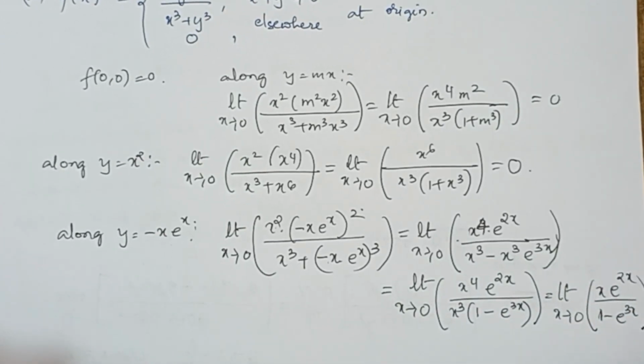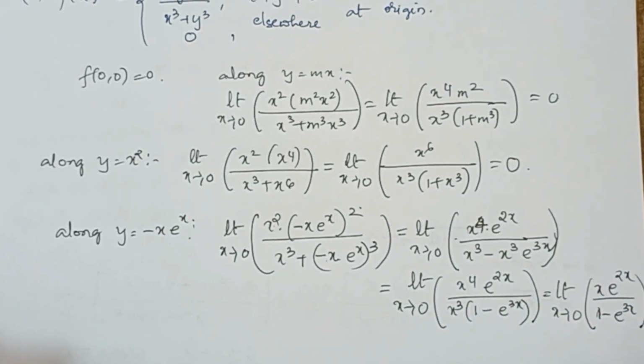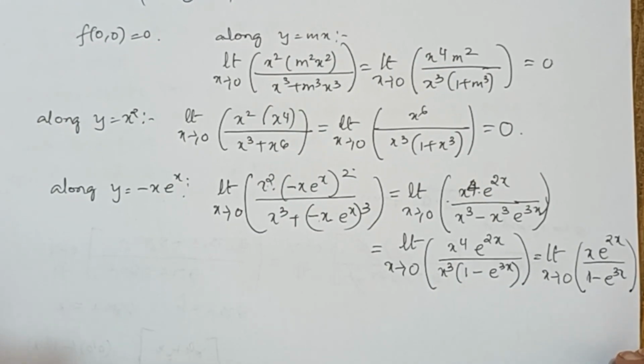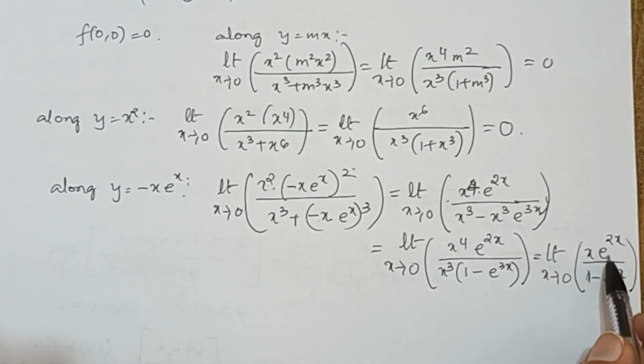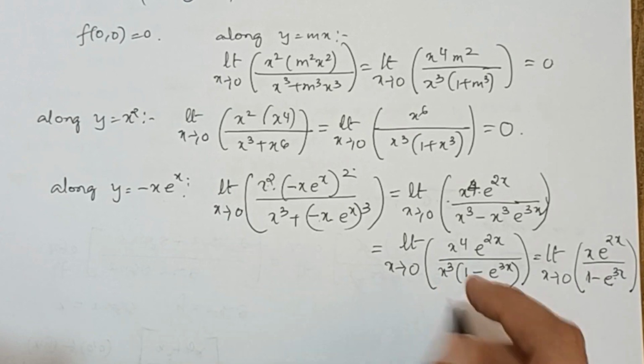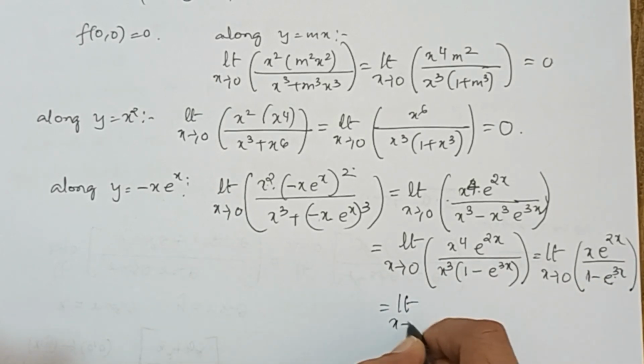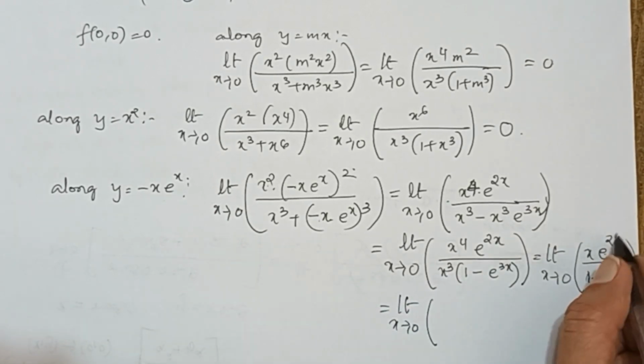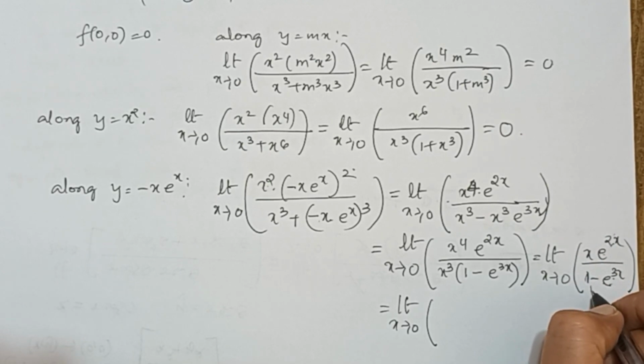So here if you apply the limit, then I will get 0 by 0 form. That is because 0 into any value is 0, e to the power 0 is 1, 1 minus 1 is 0. So 0 by 0 form. So for that I will apply L'Hospital's rule. So you will get limit as x tends to 0, differentiate the numerator and the denominator separately.